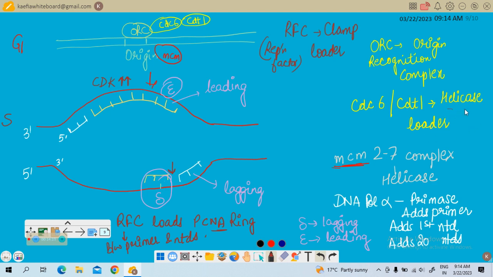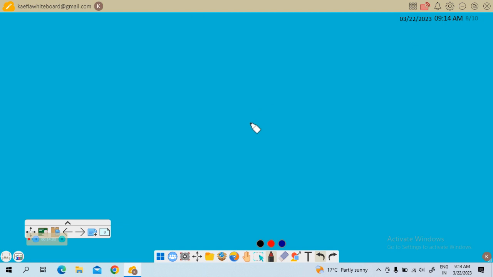The role of the helicase loader is to load helicase. The function of helicase is to separate strands, unwind strands, and the origin will melt. Okay, now this whole machinery.